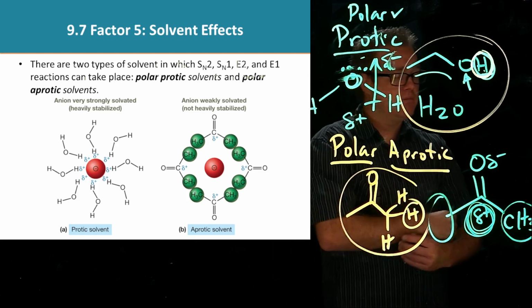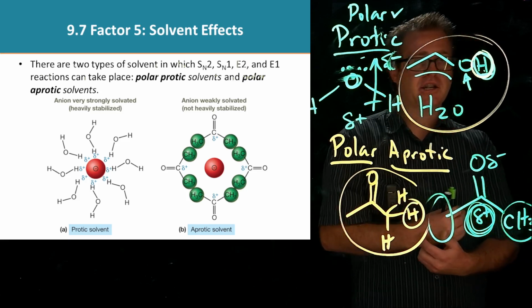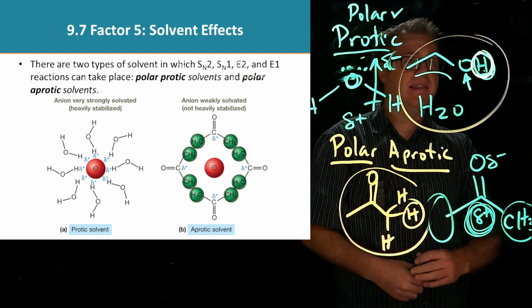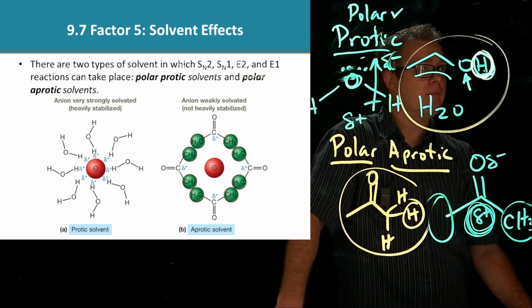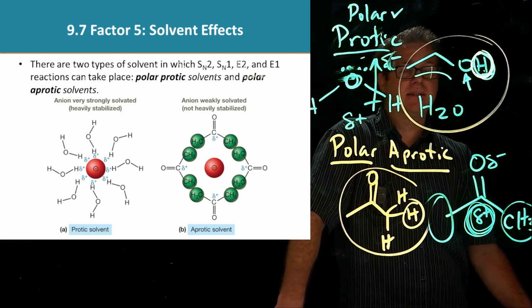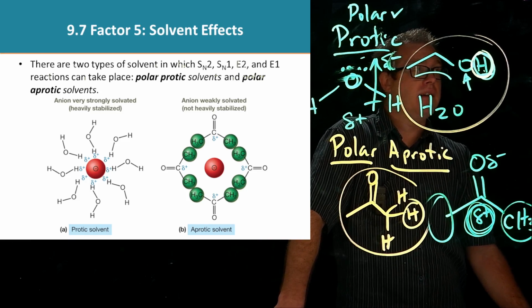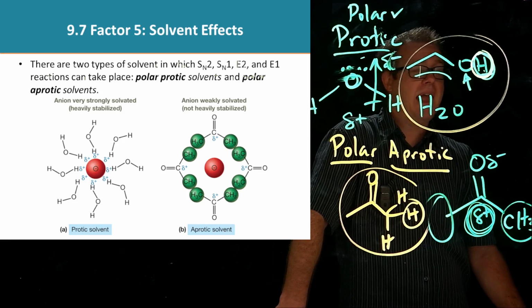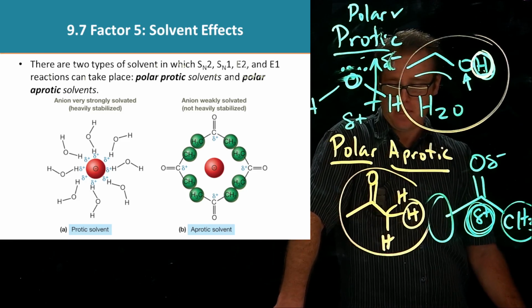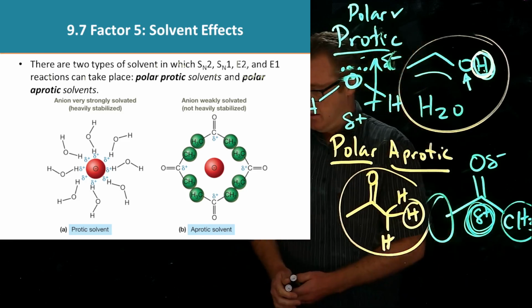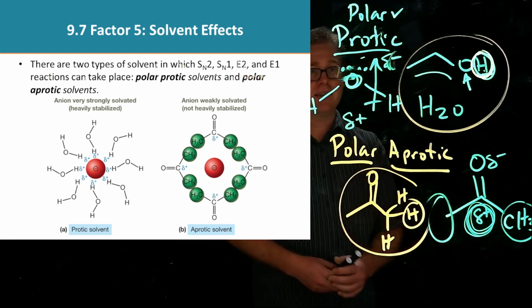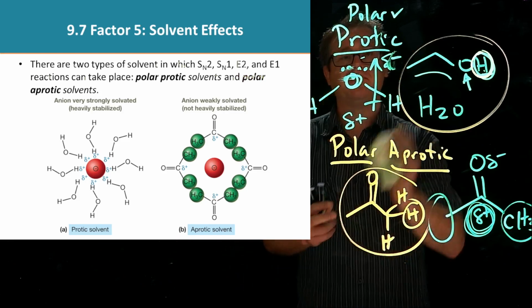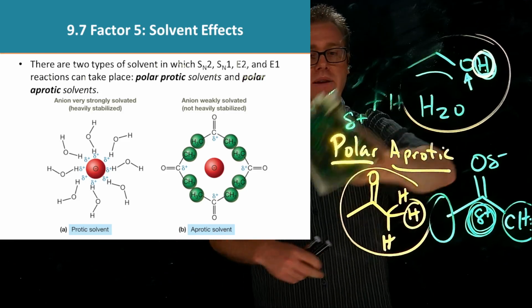So there's less of an interaction between the solvent and the anion for the polar aprotic solvent. And so this has an effect on the ability of those anions to react. So let's ask a question here and tie this all together. I'm going to leave that PowerPoint slide up.